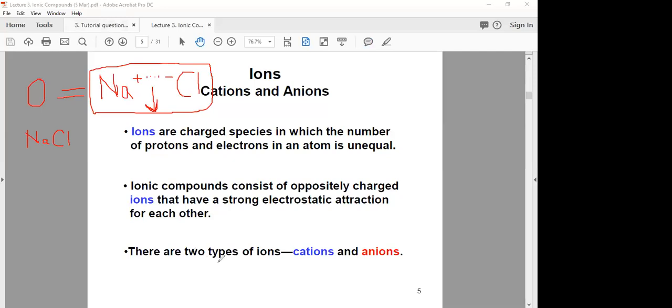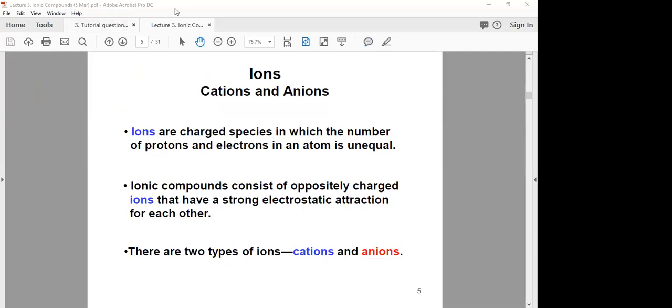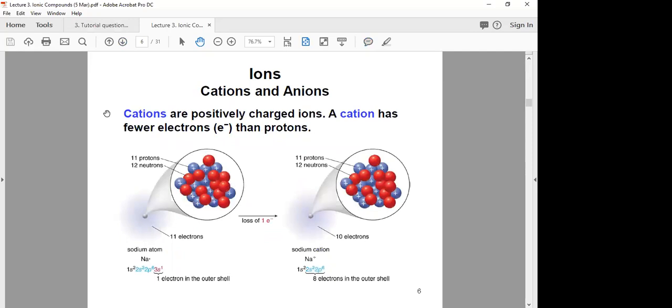There are 2 types of ions: cations, which carry positive charges, and anions, which carry negative charges. So up here, sodium is considered to be a cation and chloride is an anion. Let's now look at this in a little bit more detail.